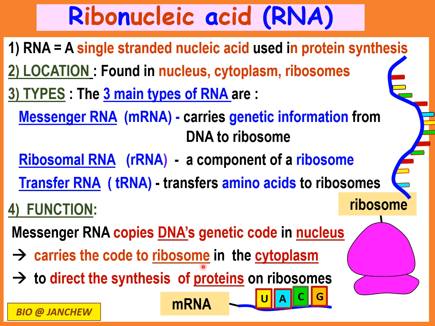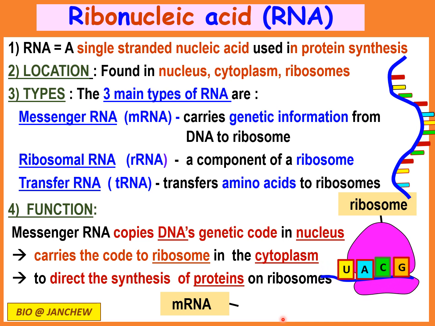Okay, it will carry it to the ribosome in the cytoplasm to direct the synthesis of proteins on the ribosome. So here we see a strand of RNA, a short strand. It will go to the ribosome like this, and it will sit on the ribosome here, and the ribosome will read the genetic code to find out what amino acids have to be assembled or collected or joined together to form that particular protein.